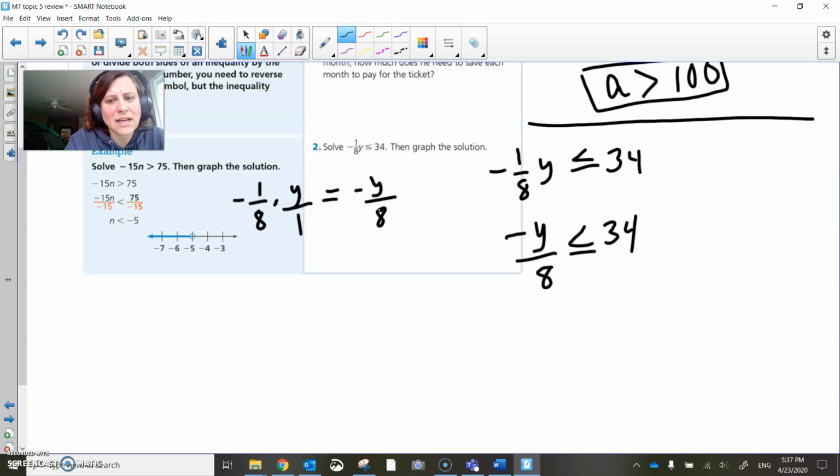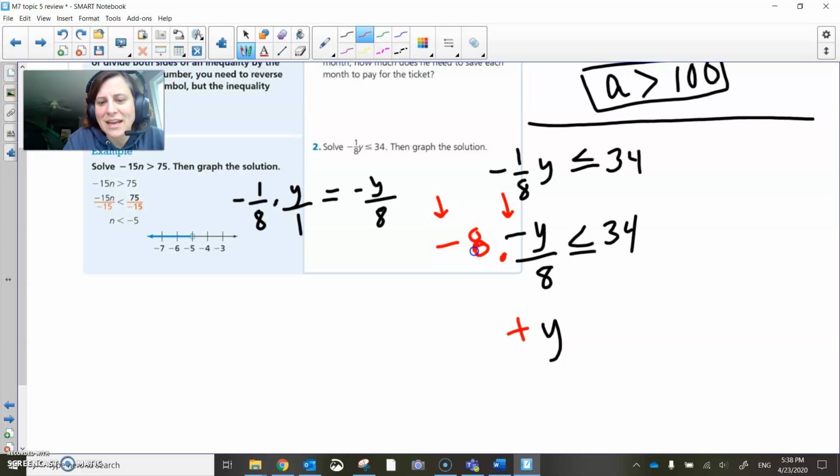So I know when I'm done, I want that y to be all alone, and I also want it to be positive. So the way to get it to be positive is I've got to multiply this by a negative. So I'm going to multiply this side by negative 8, because a negative times a negative is going to be a positive.